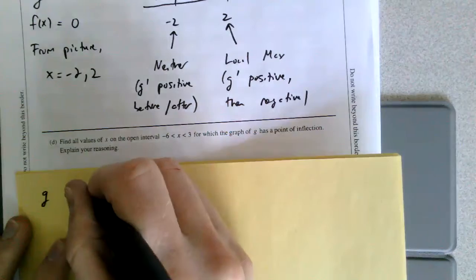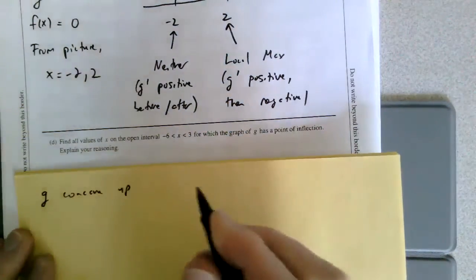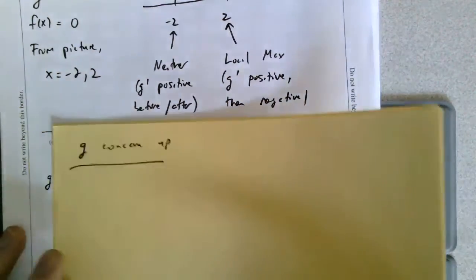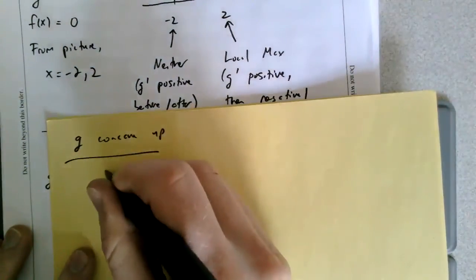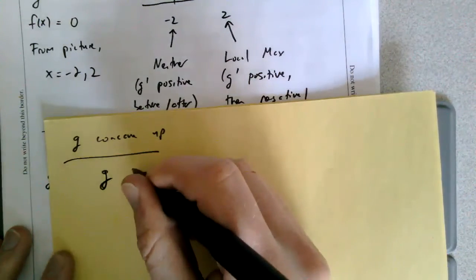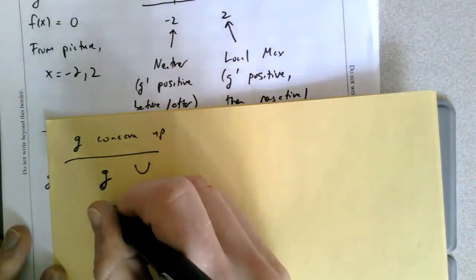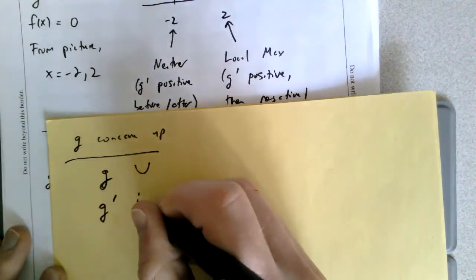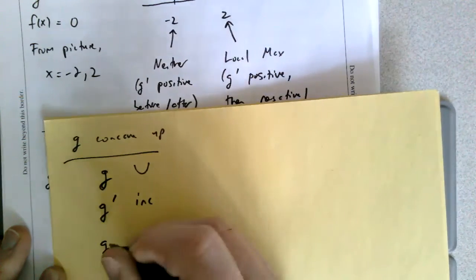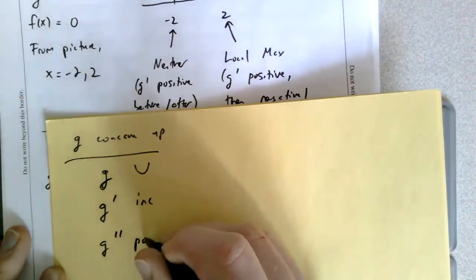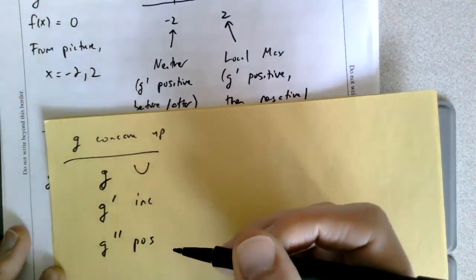g concave up. What does that mean? At the level of the original function g, it means that the graph of g looks like this, happy face. At the level of g prime, it means that g prime is increasing. At the level of g double prime, it means that g double prime is positive.